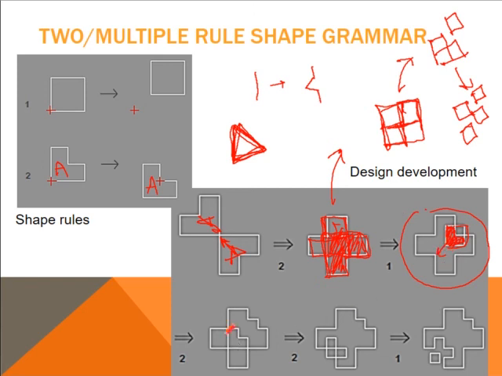And then you further move the L shape down, so it becomes like this. And then finally, you have this square. Then you apply rule number 1. You move down the square. So that's how you get this arrangement.